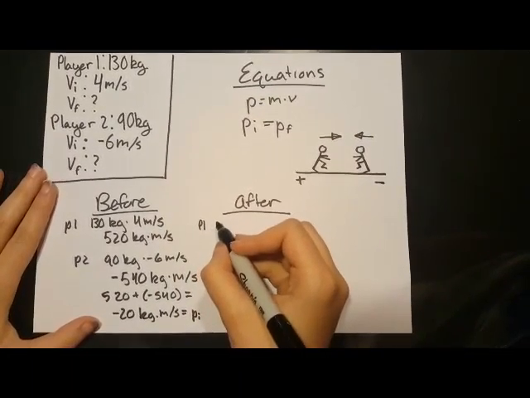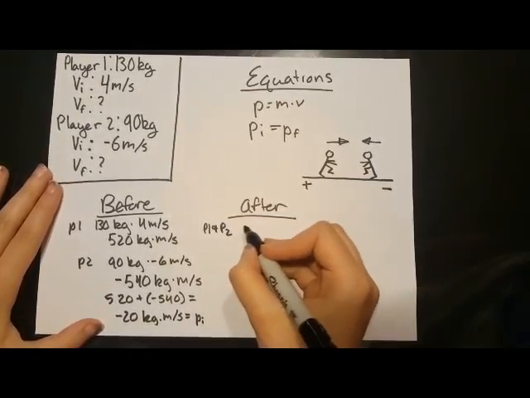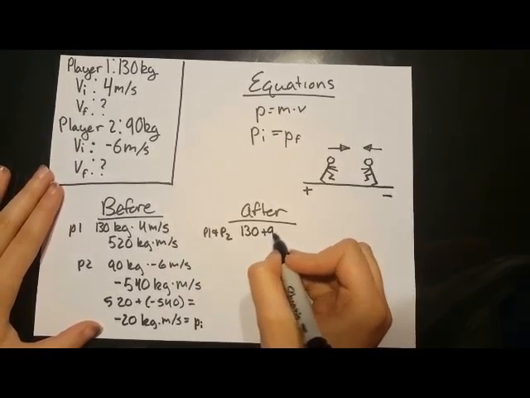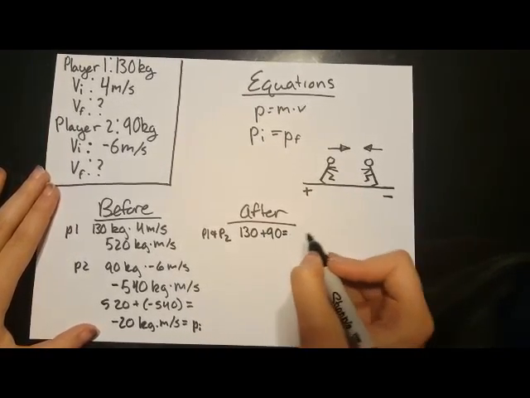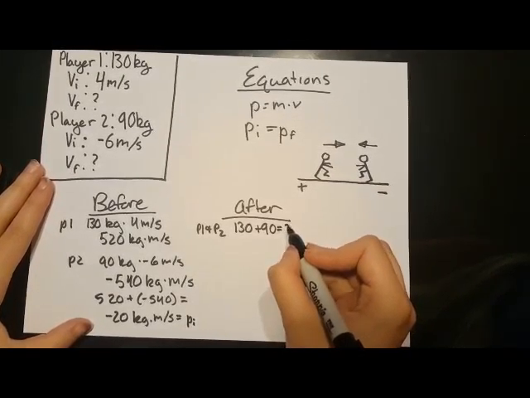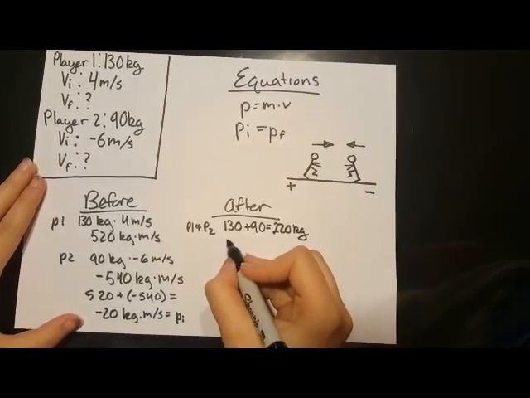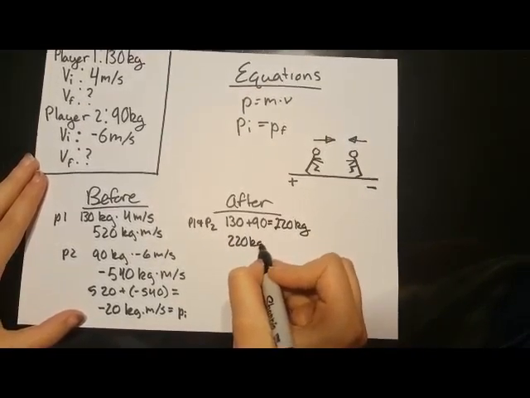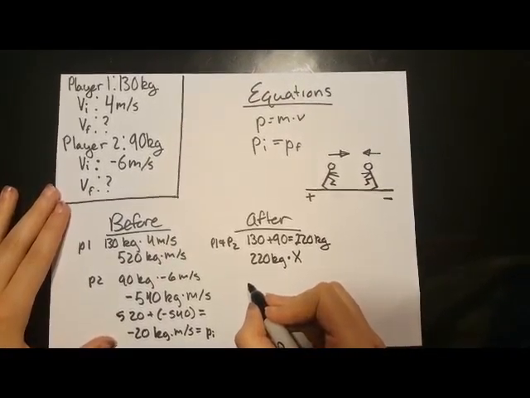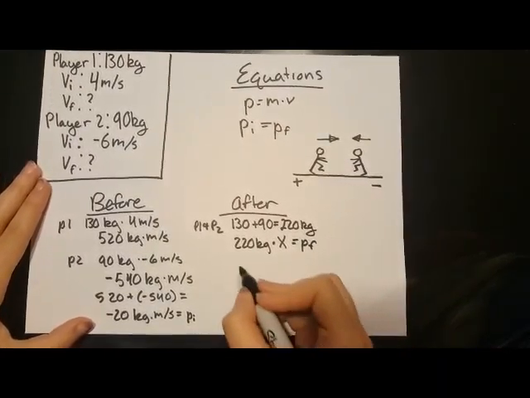Now we're going to do the after, and it says that after player 1 tackles player 2, they move together. So we're going to add up the two masses, which will be 130 kilograms plus 90 kilograms, which is 220 kilograms. And when we put this in the equation, it will be 220 kilograms times x being velocity. This equation right here is the final momentum.